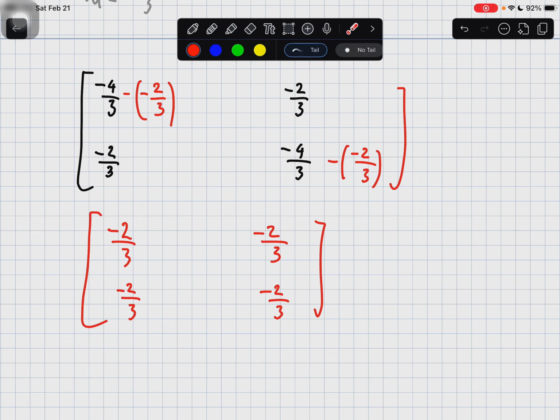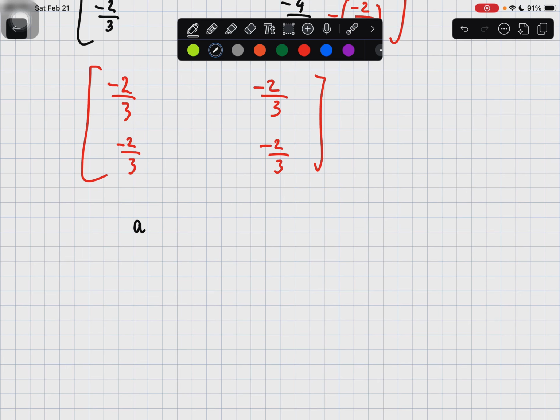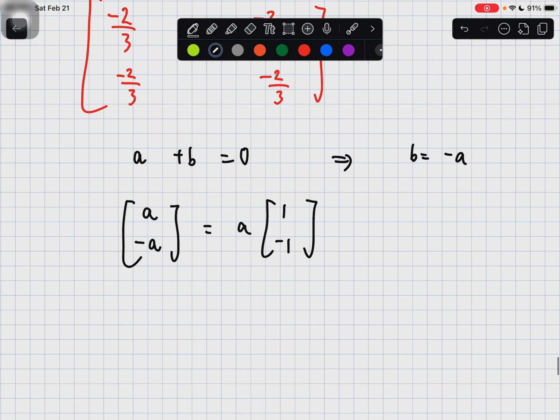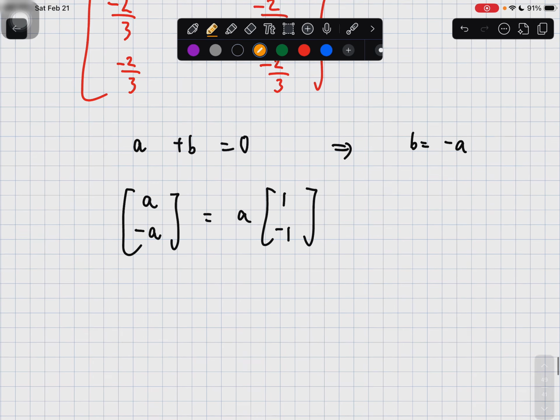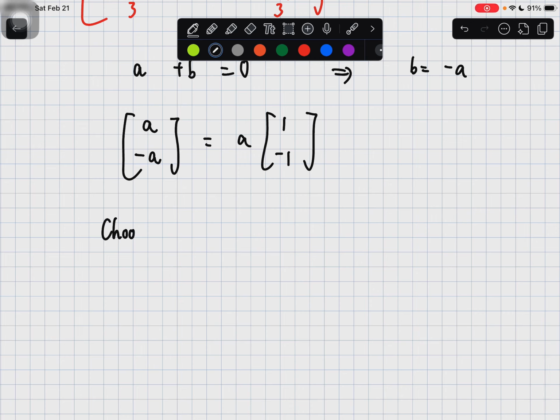In this case you can eliminate the whole second row, and then this one becomes 1, 1. You have a plus b equal to 0, b equal to minus a. So vectors a times 1, minus 1. Any vectors of this form, as long as the vector is non-zero, will be an eigenvector corresponding to lambda 1 equal to minus 2 over 3. So I choose v1 to be 1, minus 1.